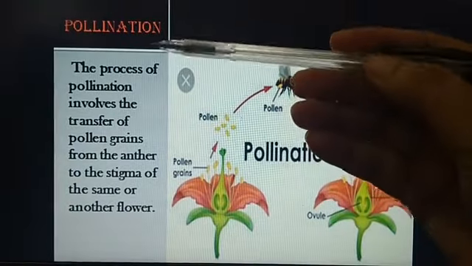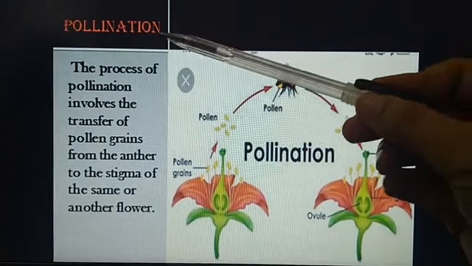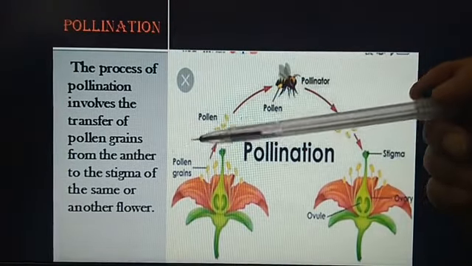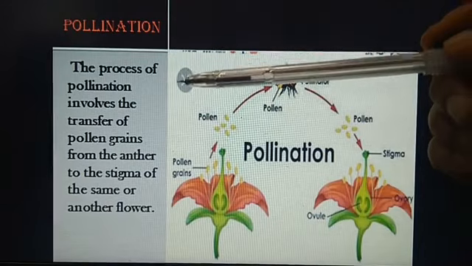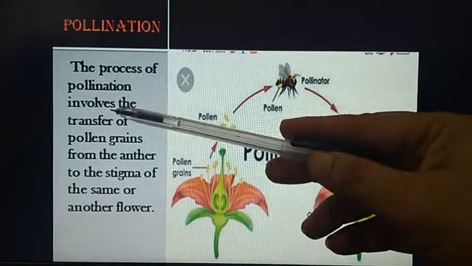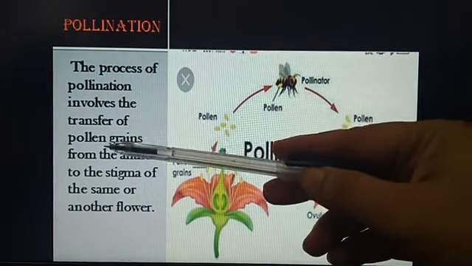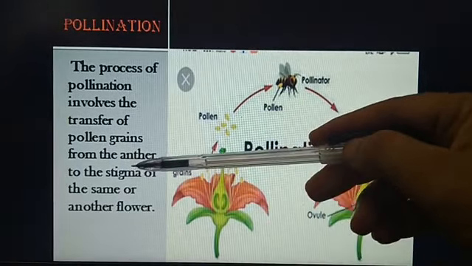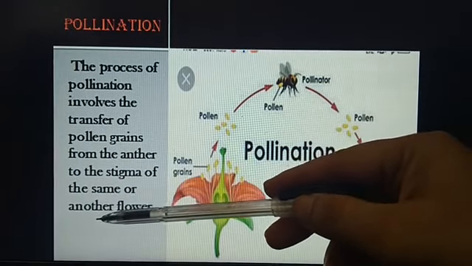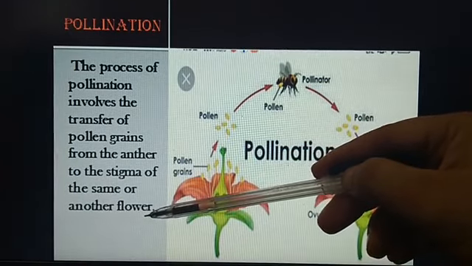Pollination. Pollination is important for the production of seeds. Seeds are formed by the fusion of male and female gametes. So, the process of pollination involves the transfer of pollen grains from the anther to the stigma of the same or another flower.